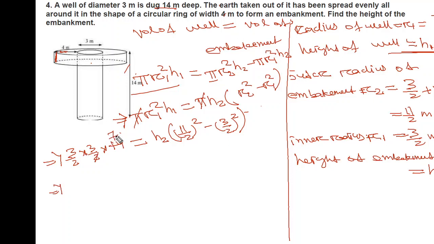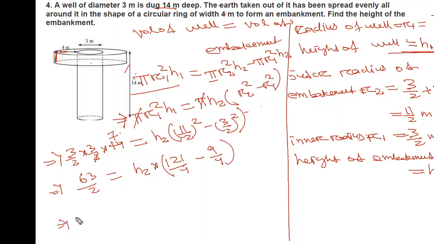Okay, implies here you can cancel this 2. This will be 7. So 7 into 3 into 3, it will be 63 by 2 will be equal to H2 into 11 square by 2 square, which is 121 by 4 minus 9 by 4.